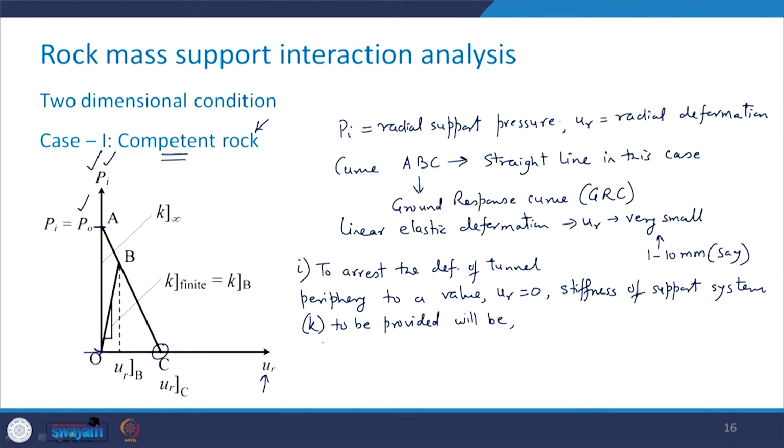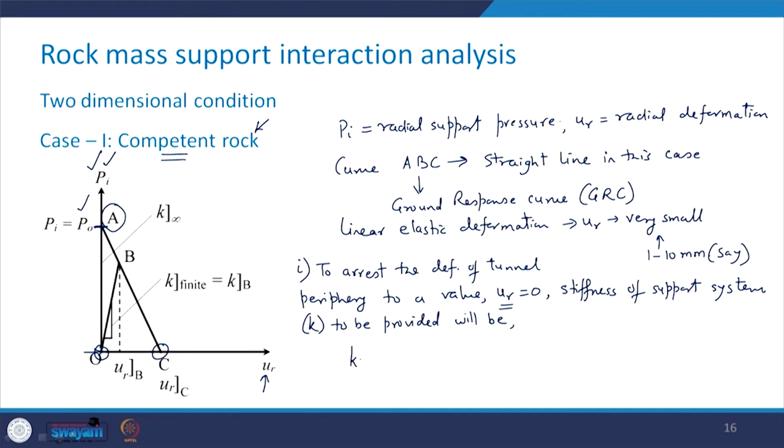See, if I have to arrest this complete radial deformation, UR has to be equal to 0 here. So the stiffness is going to be the pressure which is required to cause the unit deformation. So that is Pi upon UR. So in that case, it is this point which is going to be there, because corresponding to this point A, UR is equal to 0.